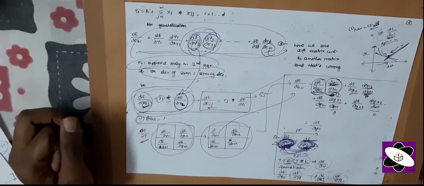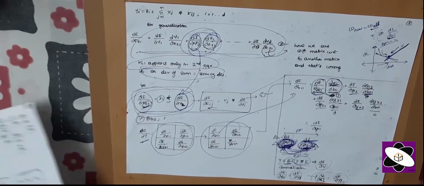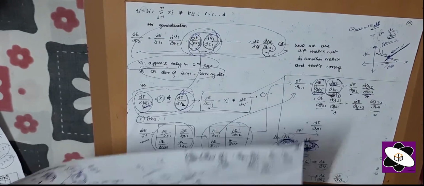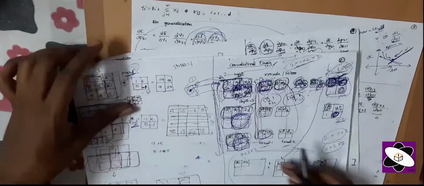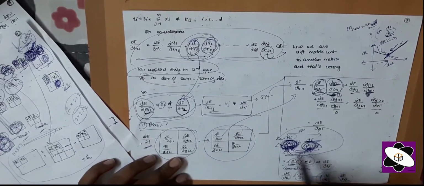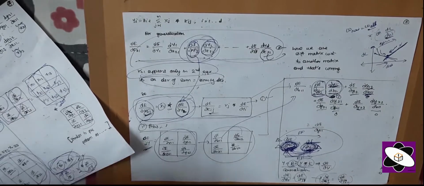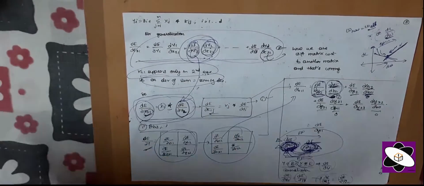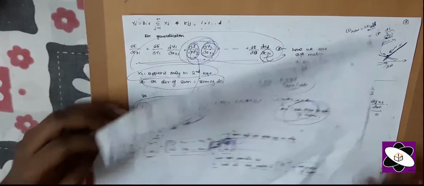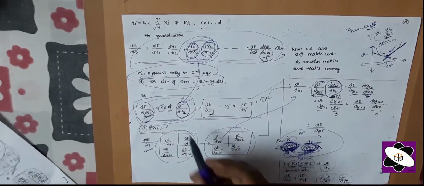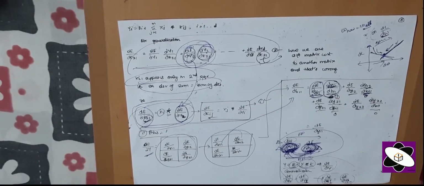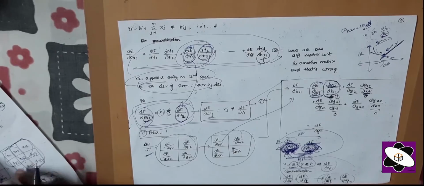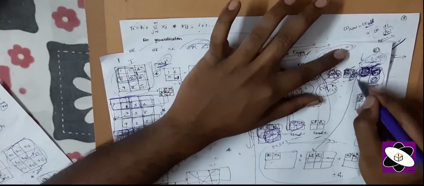So generalization also for big matrices: whatever happens for small matrices, which we have shown previously, has been shown here up to here. For big matrices, we have something in this generalized manner, shown in a simpler way, but again y1 is nothing but this thing entirely.